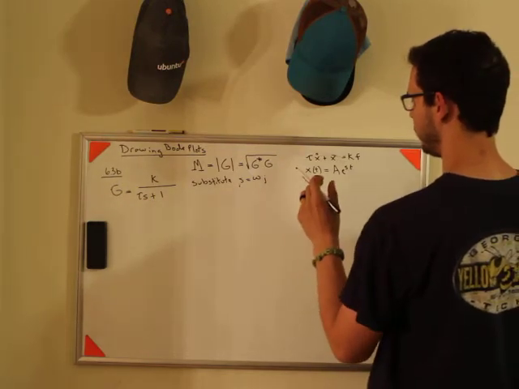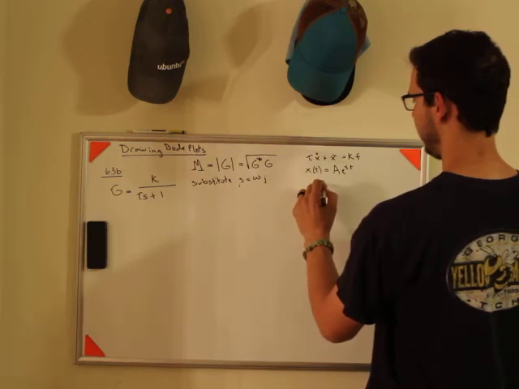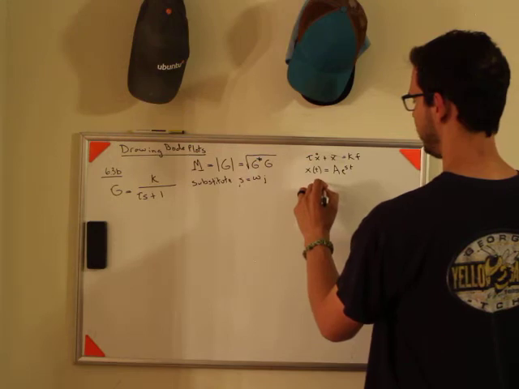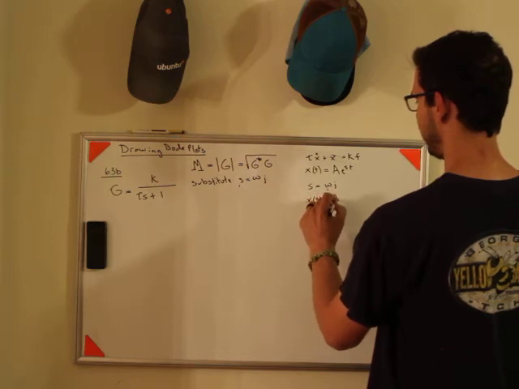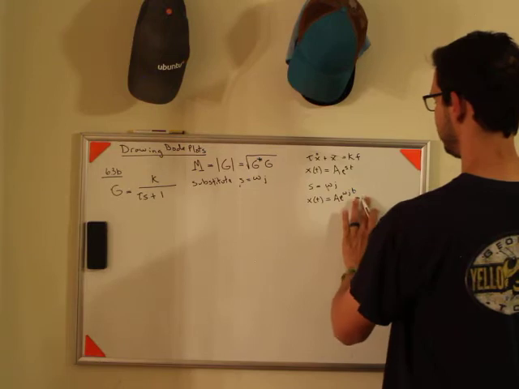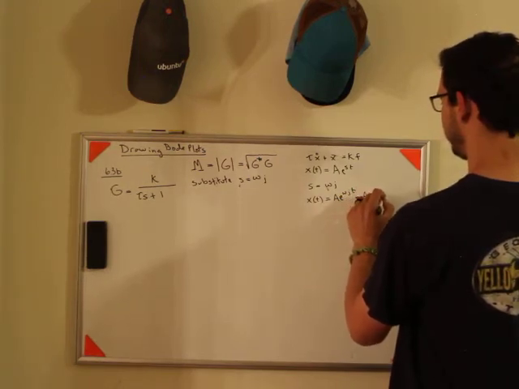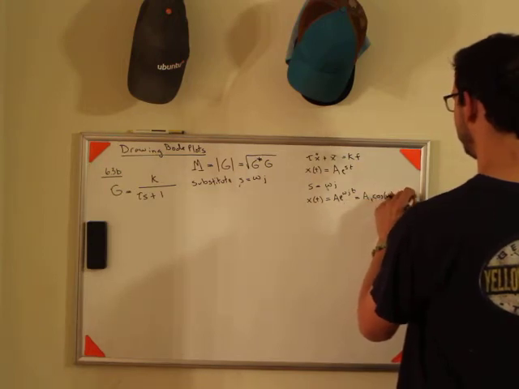And if s equals omega j, what you get is that x of t is a e to the omega j t, which factors out into a1 cosine omega t plus a2 sine omega t.